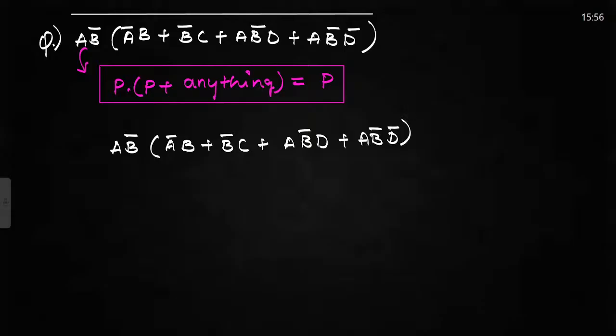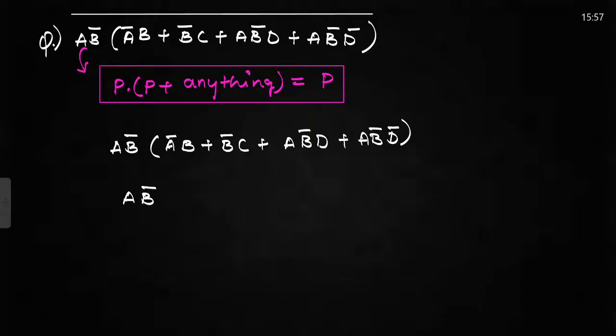So I am eliminating the whole complement. Now let us try to bring this into P into P plus anything. Now I need to make A B bar. Here A bar B is there, so not applicable. B bar C is not there. And here I am having A B bar, but I am having D and D bar. So we will try to eliminate D. How will we eliminate D?